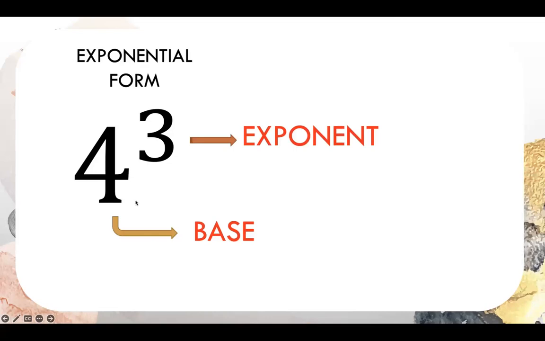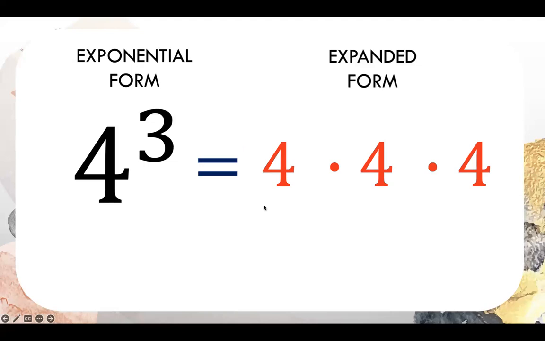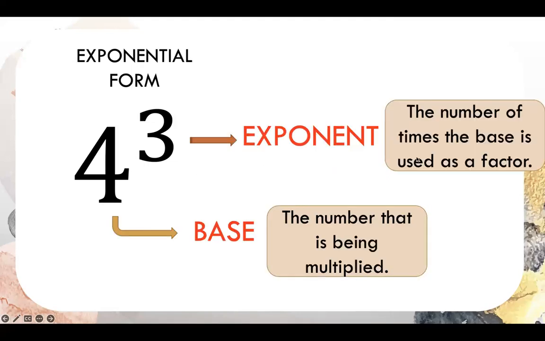So in this number 4 cubed, 4 is our base and 3 is our exponent. Again, base is the number that is being multiplied. On the other hand, exponent is the number of times the base is used as a factor.